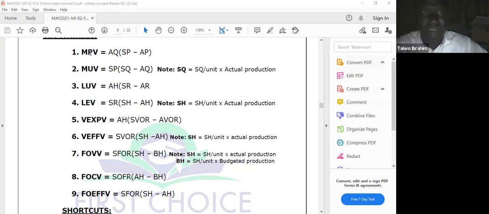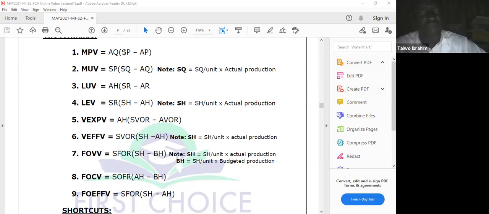If I'm looking for material price variance, it is the difference between the standard price, SP, and the actual price. Let me give an instance. If you are producing a product with flour, what is the price of buying 1 kg of flour? We want to buy it maybe for 2 naira. That's the standard price per kg. And we now bought it for 3 naira per kg.